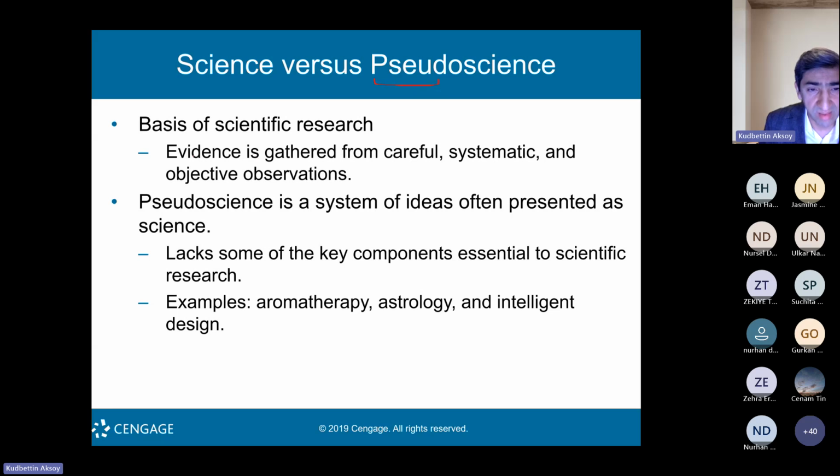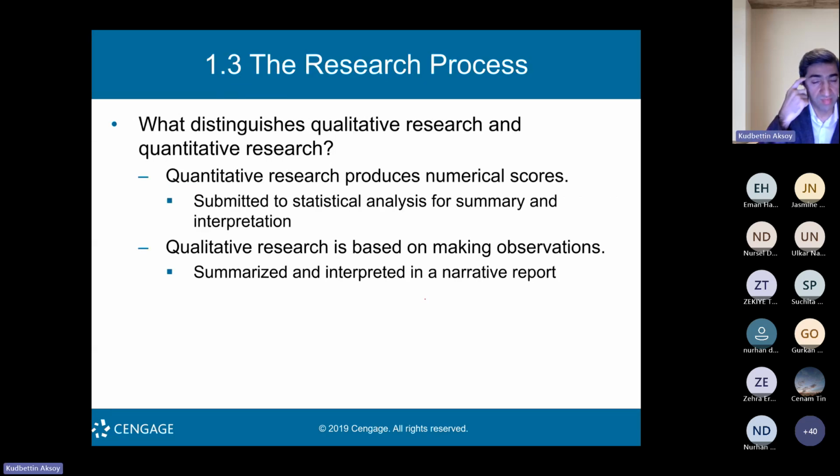Scientific research, evidence is gathered from careful, systematic, and objective observation. Pseudoscience lacks key components of essential science. They go out, they make observations, and they intelligent design. I don't want to name any names, but I'm sure some of you can think of so many people from the US, from Canada, you know, self-claimed.